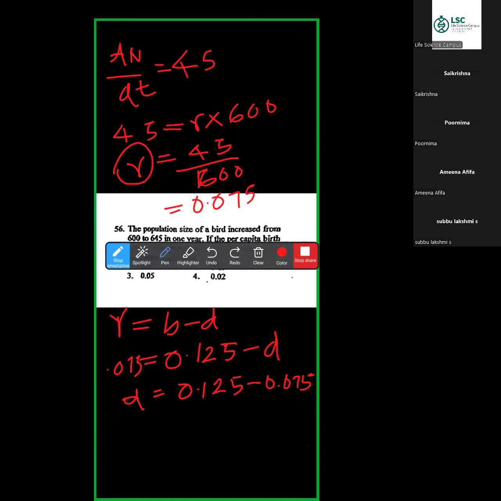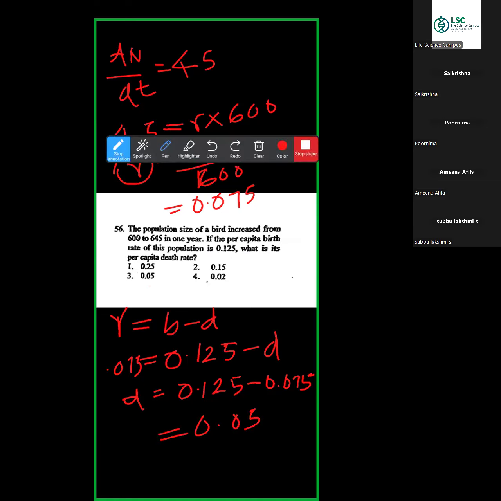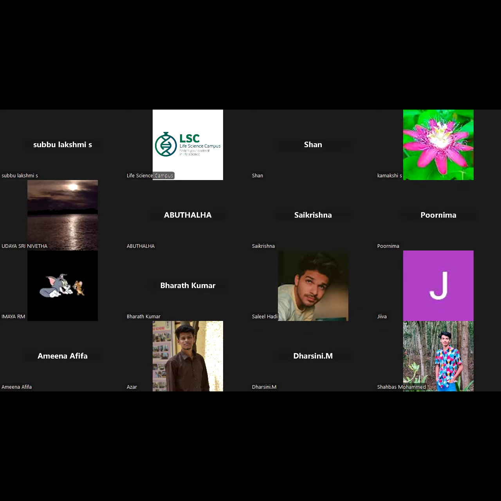So we will get 0.05 as the answer. So the third option is the right answer. Is it clear? If you have any doubt, please ask.